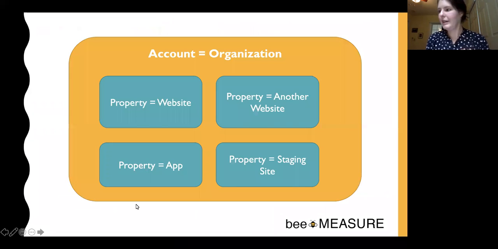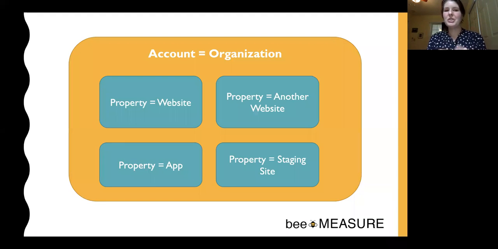So here is what Google Analytics recommends you set up for your account. In an ideal world, and I realize this is not possible for everybody, you create one account for one organization. So your government agency or your nonprofit should have one account.